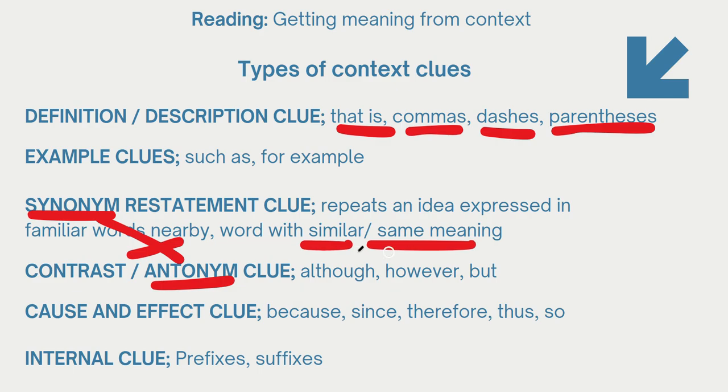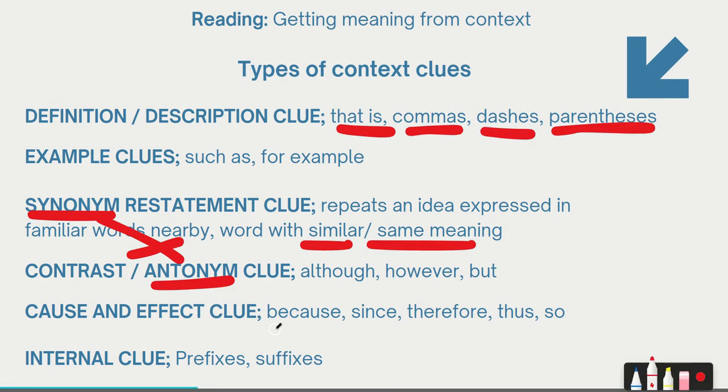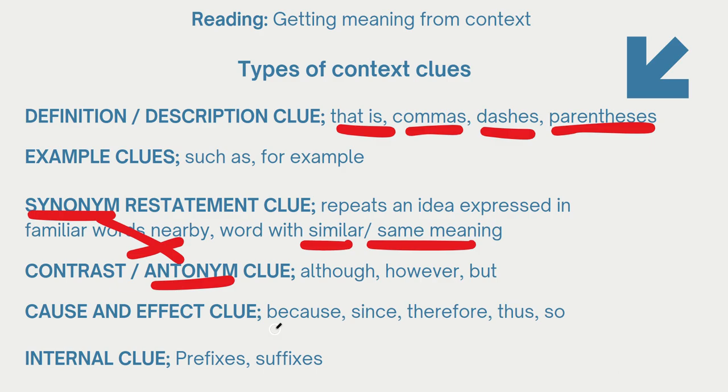While there are words like similar, here we have but, however, although. Then another type is the cause and effect clue. Cause: something happened because of what? And here are some keys: because, since, therefore, thus, and so.